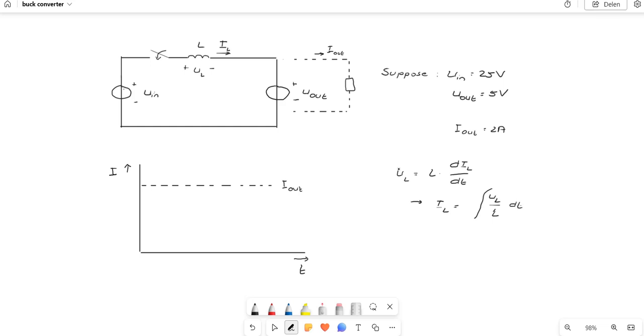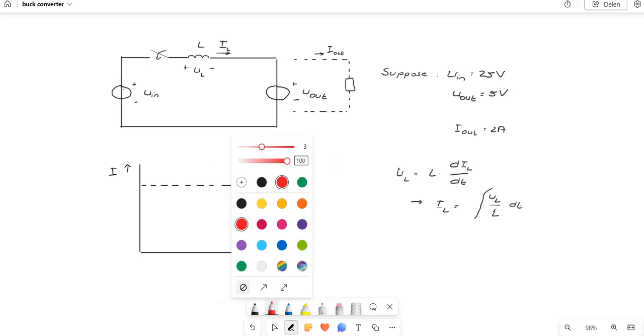I said UL is a constant voltage, so when we integrate that constant voltage we get a linearly increasing current. And I will draw that with my red pencil over here.